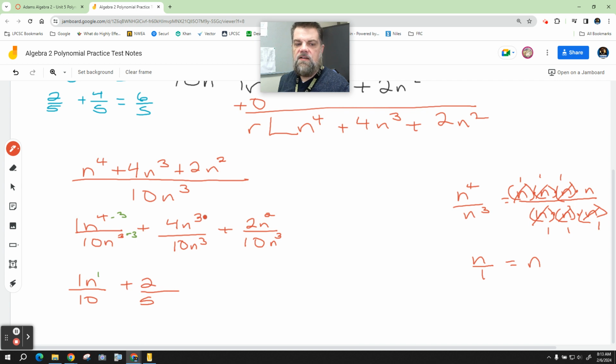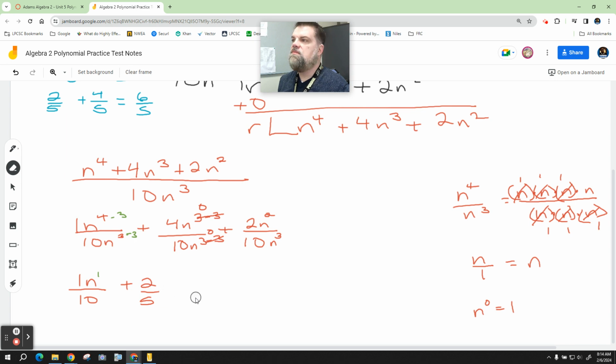Now over here, usually you would choose the lowest power, and that's the one you would subtract. But they're the same. So if I subtract 3 here and I subtract 3 here, doesn't this become n to the 0 and this becomes n to the 0? What's n to the 0 equal? Anything raised to the 0 power equals 1. So that just really stays 2/5 times 1, which is 2/5.